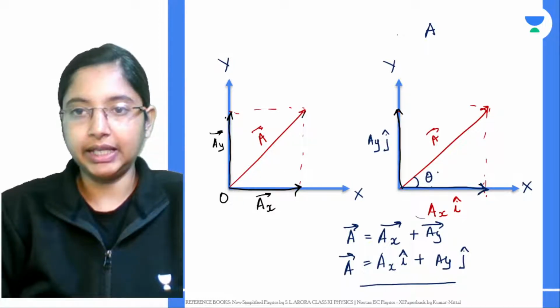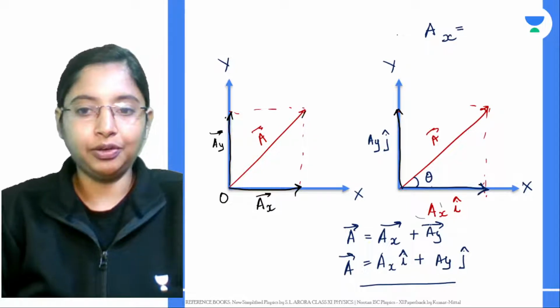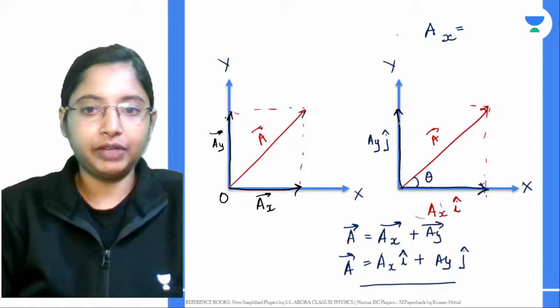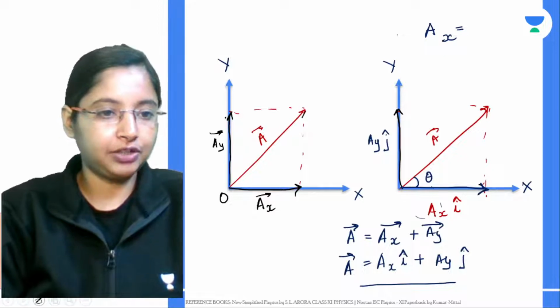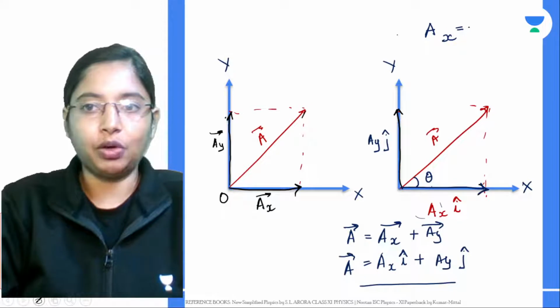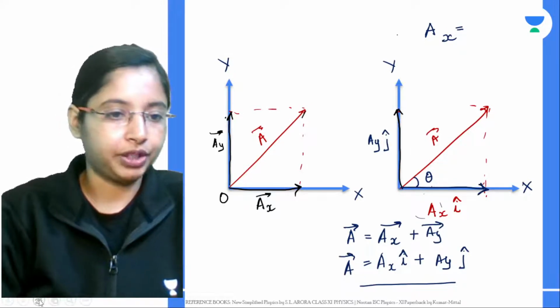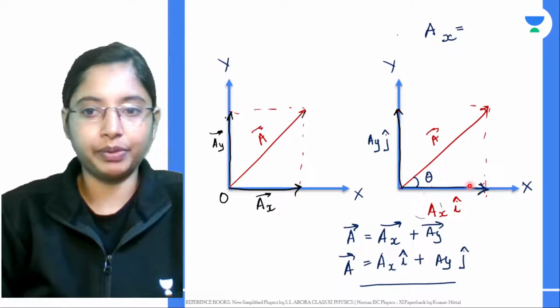What is the value of this ax over here? If you want the value of ax, we can move this ay j that we have over here. Let that even stay here, but for ax, we want this component over here.